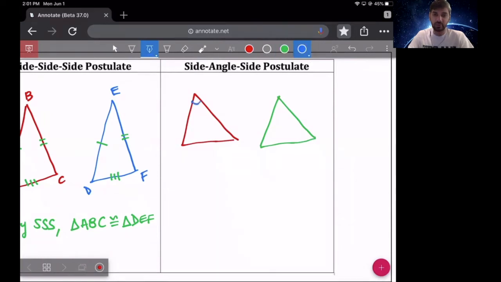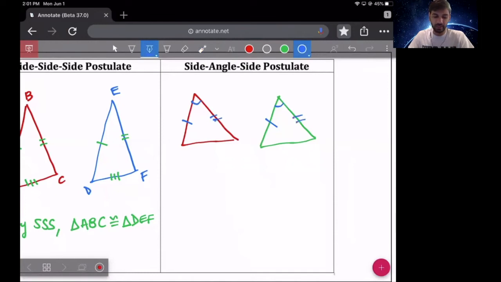So let's take this top angle here, and let's take the top angle here. Let's say we measured both of those and they were the same. And then we measured the two sides around that angle. So I'm going to take this side and this side. So here's a side and here's a side. They're both the corresponding sides.